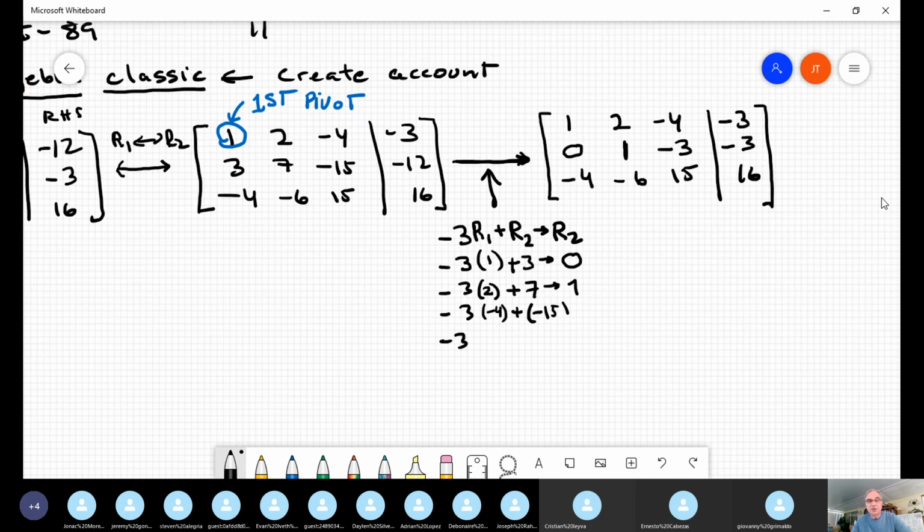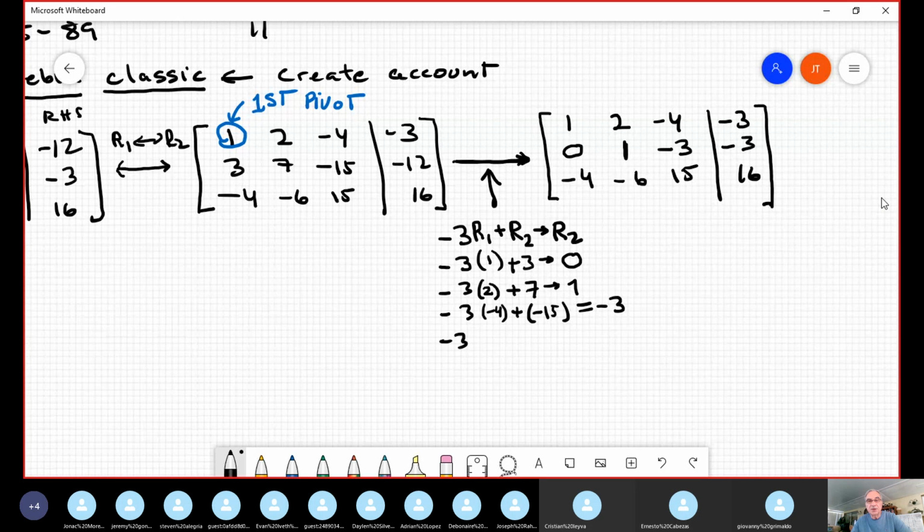This is positive 12, this is minus 15, and the result is negative 3. And the last one is negative 3 times negative 3, which is 9. And row 2 has negative 12. And 9 plus negative 12 is minus 3. It's a coincidence. Okay, this is negative 3.